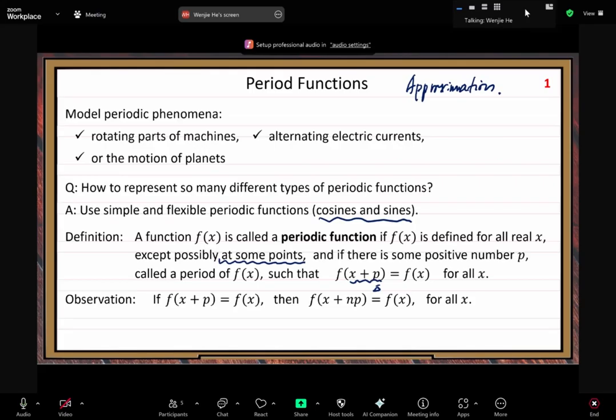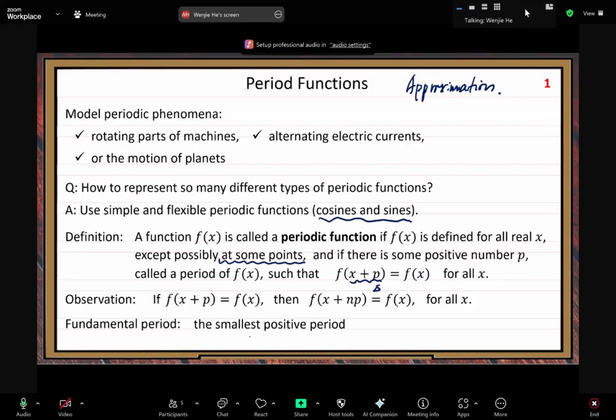In order to make our discussion easier, we make a concept, the fundamental period. When we say the period, we want it to be the smallest positive period.